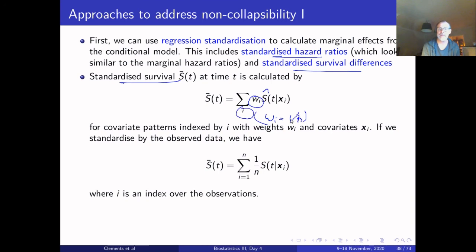Actually, I think what we do is you do 1 over n. Oh, sorry, 1 over n will just give you the average, and that's the example that we show here.